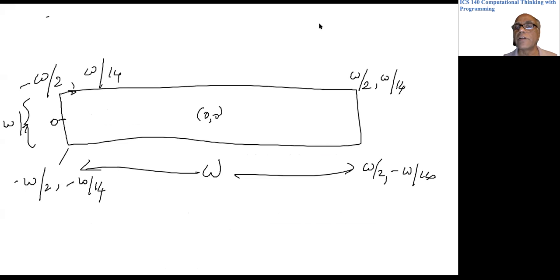All right, let me clear all this. Before drawing the circle, there is a center here, right? And let's say the radius is R. You can go to any place and then draw a circle.